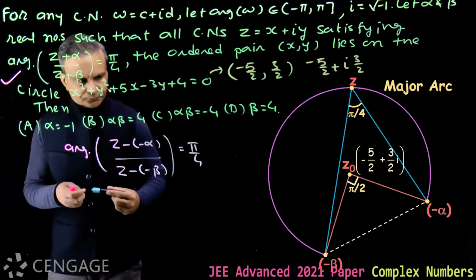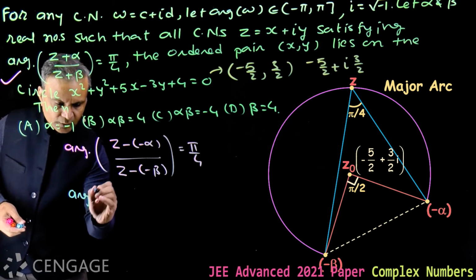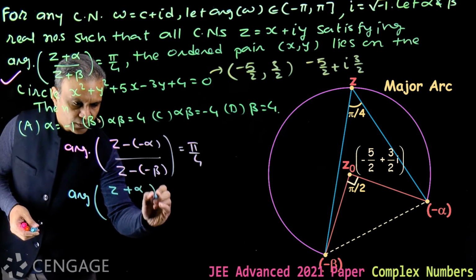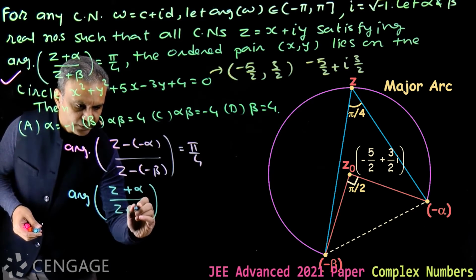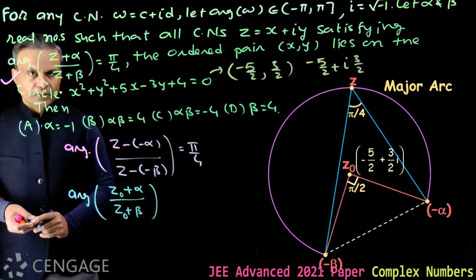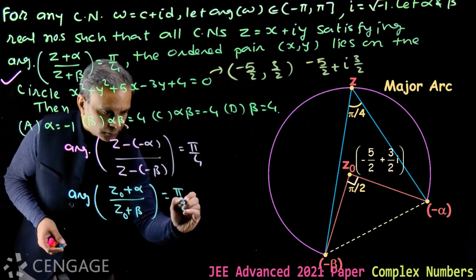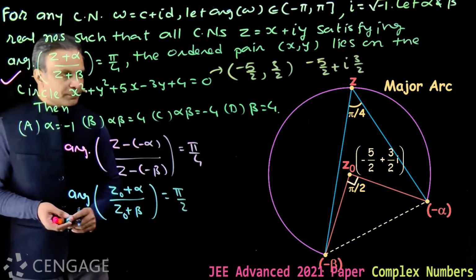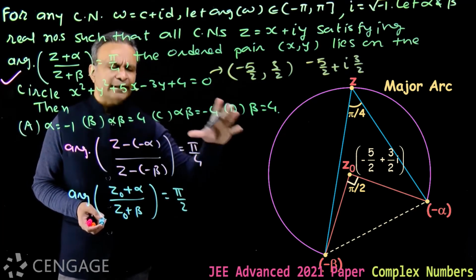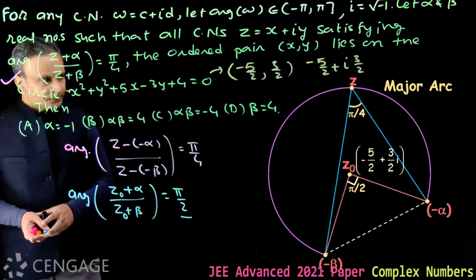Then from the concept of the rotation formula, we can write argument of Z minus minus alpha, means Z plus alpha over Z plus beta, in fact here we should write Z naught, is equal to pi by 2. The angle subtended by the line segment joining minus alpha and minus beta at Z naught, which is the center of the circle, is pi by 2, 90 degrees.